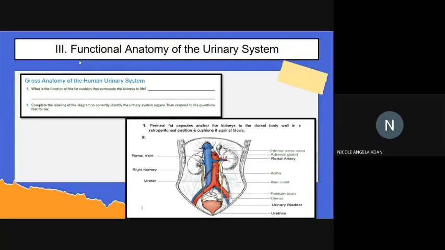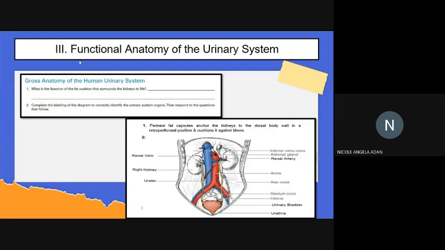And for number 2, we will be completing and labeling the diagram to correctly identify the urinary system organs. As we can see, there is a diagram of the human urinary system. There is inferior vena cava, adrenal gland, renal artery, aorta, iliac crest, rectum, uterus, urinary bladder, where it stores our liquid waste, which is the urine.